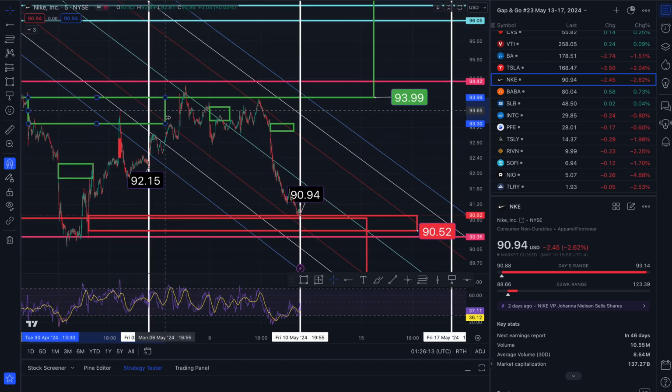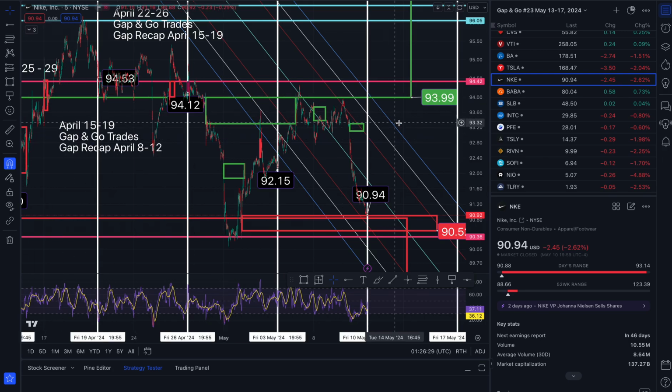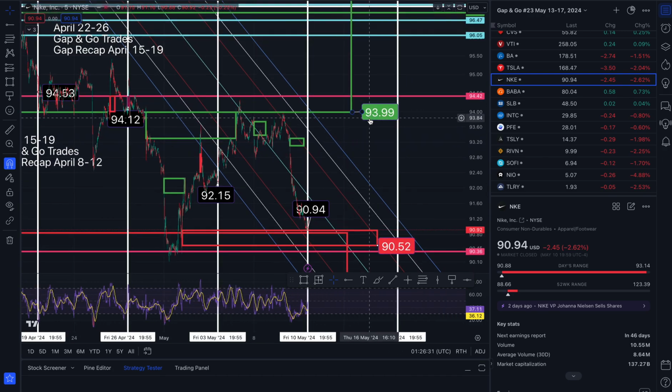This is a carryover, touched right here. So that is done at roughly, oh, look at that, 93.99. So this gap closed, and then we have a previous gap that starts at 93.99.